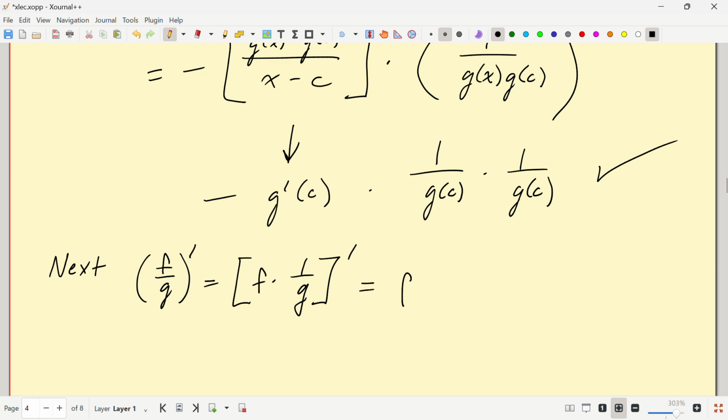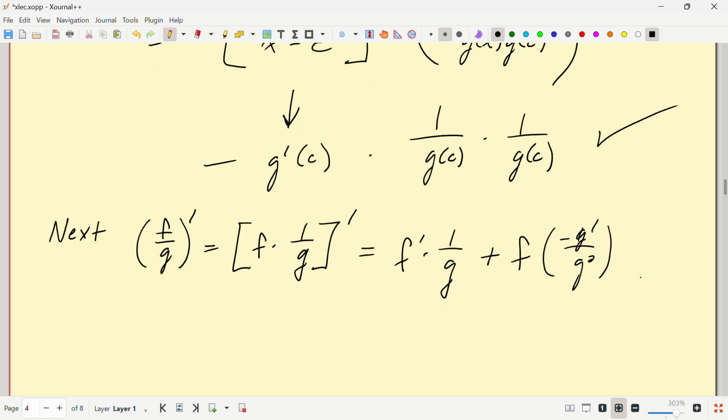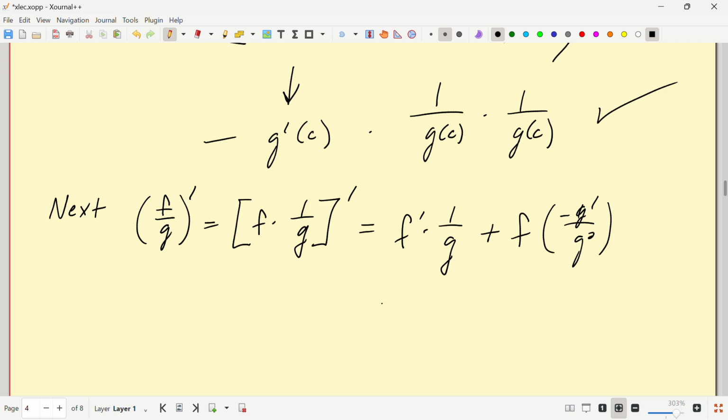That would be f prime times 1 over g plus f times the derivative of 1 over g. That's minus g prime over g squared. Then you play around with algebra and you get the famous quotient formula. Okay, so those are done.